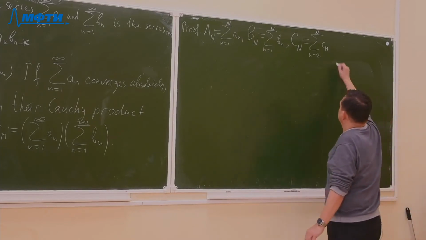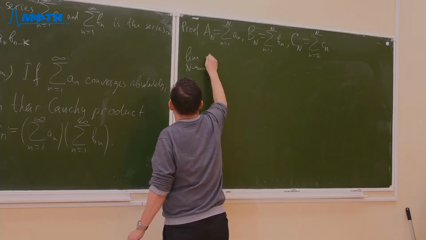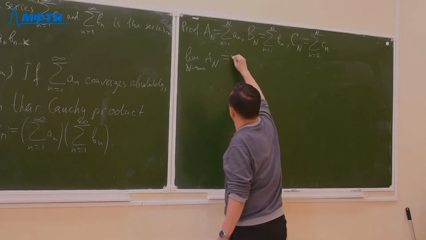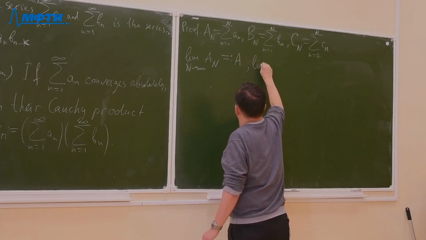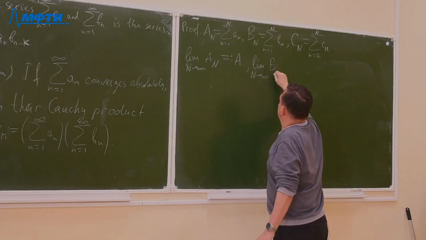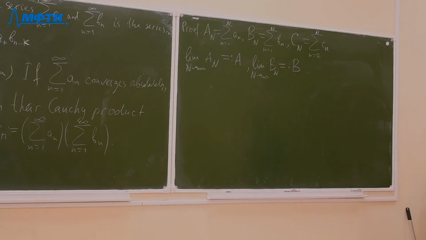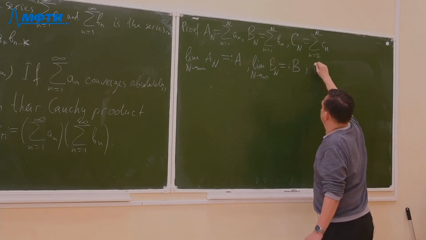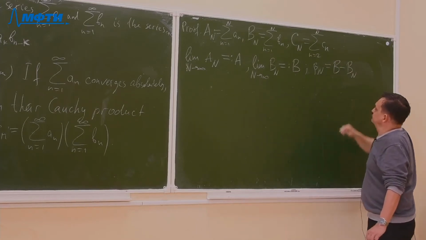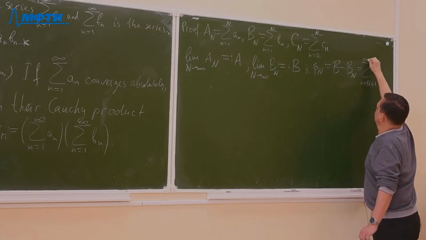Also, we know the limit of capital A_N exists, so let it be capital A, the sum of our series of a_n. The limit of B_N equals B. And also I'll use the notation for the remainder, B minus B_N, or in other words, the sum from N plus 1 up to infinity of b_n.